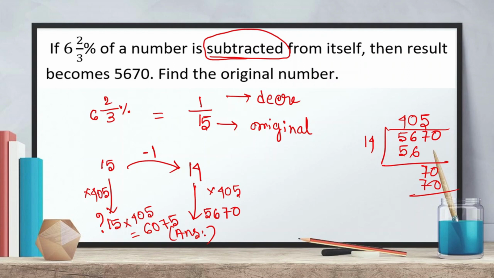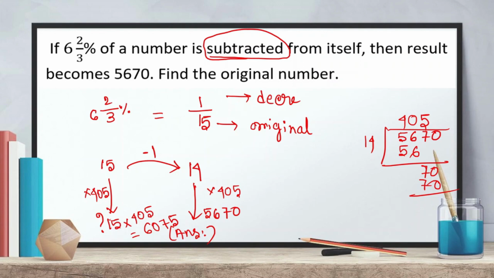Subtracted means minus. So the original value was 15 and it's decreased by 1, and final value is 14. Now we can see that final value is given, and it is 5670, and it is 405 times of 14. So the original value would be 405 times of 15, and it is 6075. That is the answer.